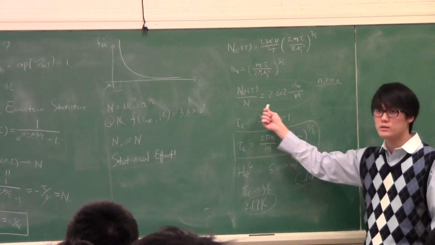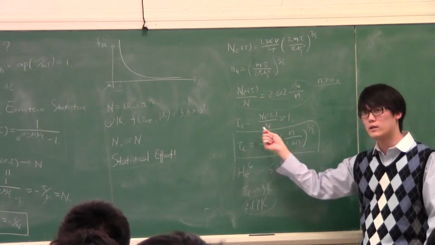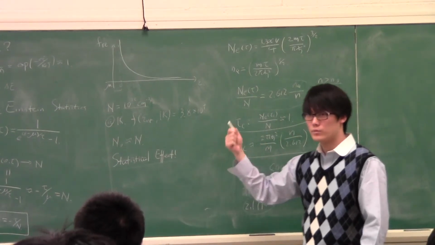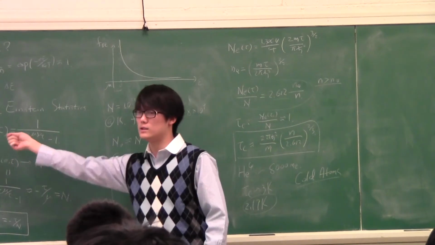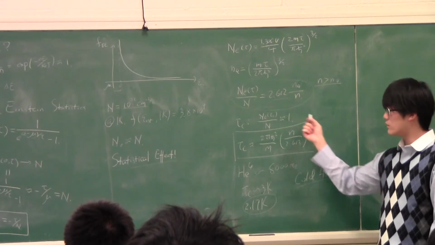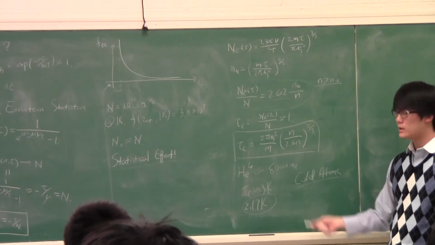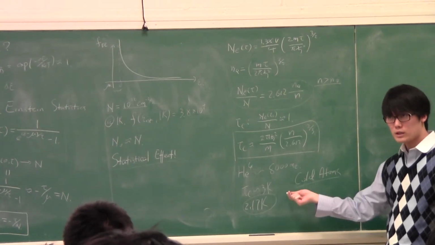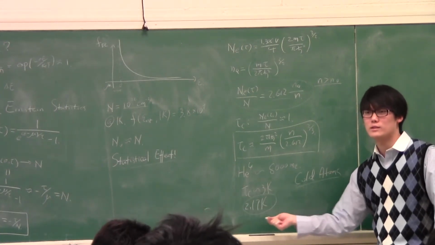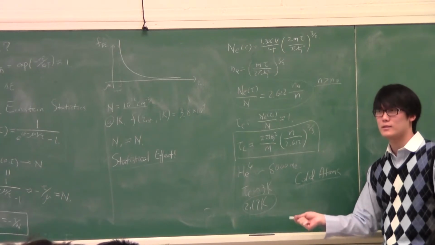Once the statistical effect becomes important, you will have condensation in the ground state, governed by the peculiarities of Bose-Einstein statistics. For helium, our simple model predicts 3 Kelvin, and the experiment tells us that something happens at 2.17 Kelvin. So it's pretty close.